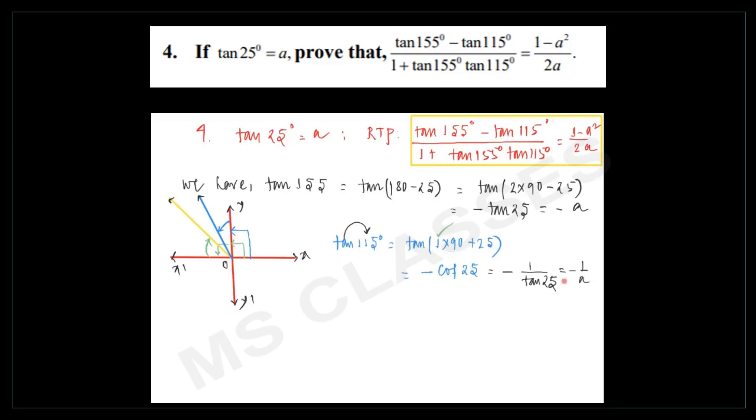Now we will substitute these values in the LHS part.